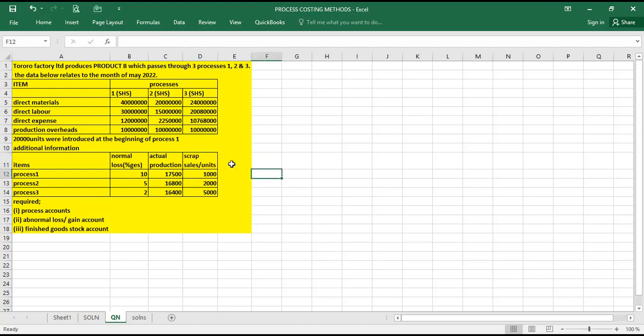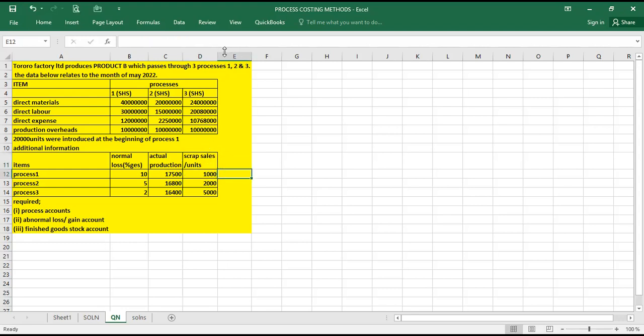So we can try to get those ones, and we try to see how we can reach where we are heading. So we are seeing that process 1, we have 10% as the normal loss. Actual production is 17,500. Then the sales, these are in shillings. When you try to view here, it is in shillings.